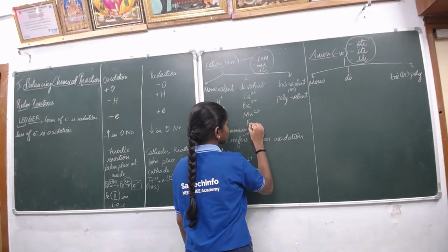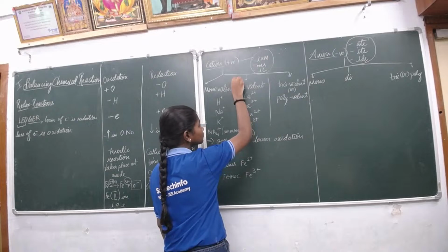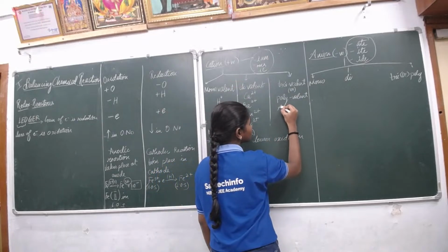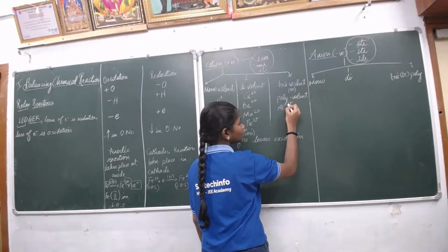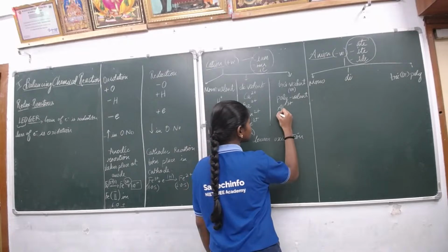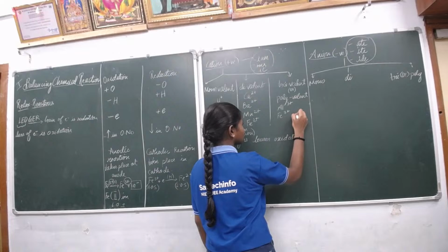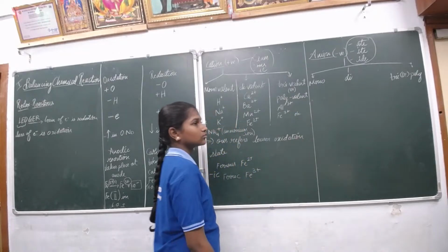Then under polyvalent, you have aluminium, Al3 plus. 3 and above are polyvalent. Then you have ferric, Fe3 plus, etc. You can cite a few examples at least.